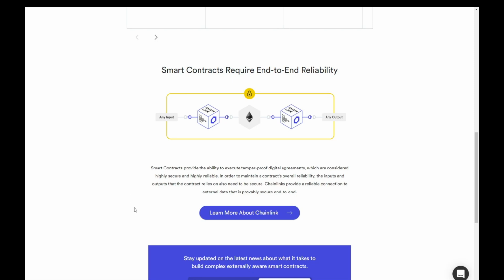Chainlink provides a reliable connection to external data that is provably secure end-to-end, and that's the key point there. Everything in cryptocurrency now is: can you hack it, can you break it? If it's secure end-to-end, that's a key point to take note of, and the people using it need to make sure it's actually working correctly and that they have that security in place.